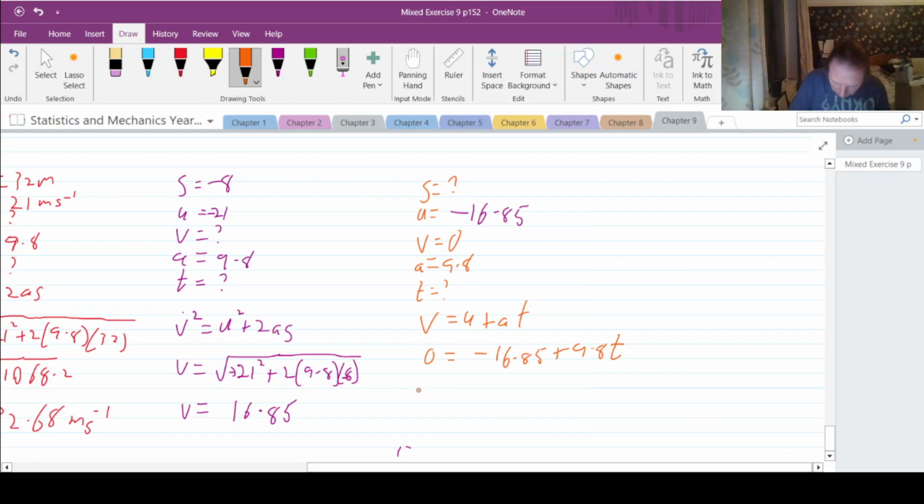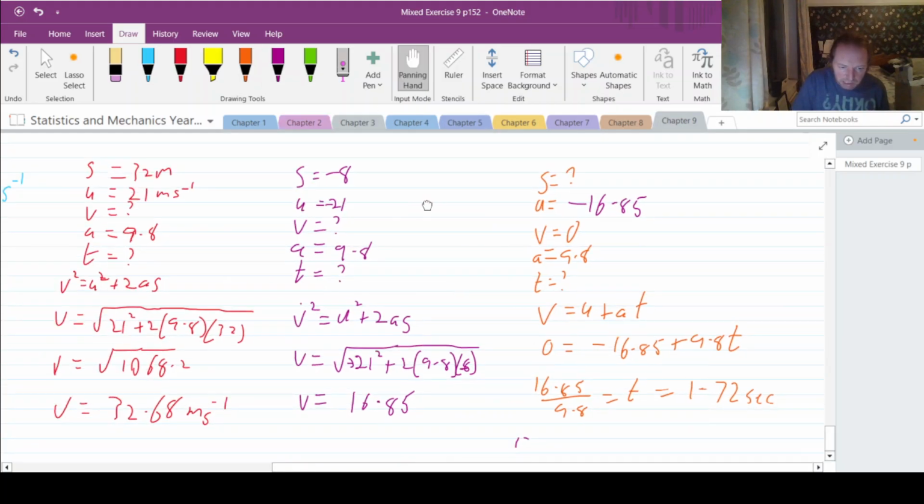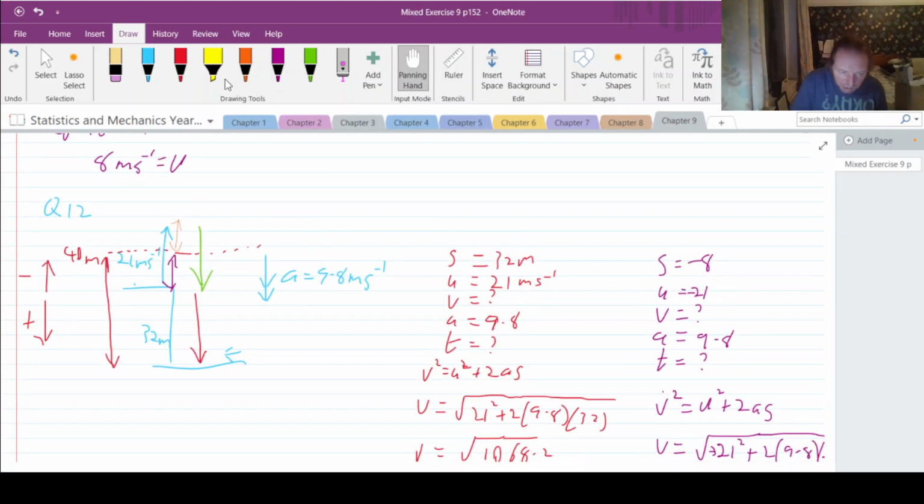So 16.85 divided by 9.8 should give me the time, which gives me 1.72 seconds. Remember though that that is only the time on that orange one there.